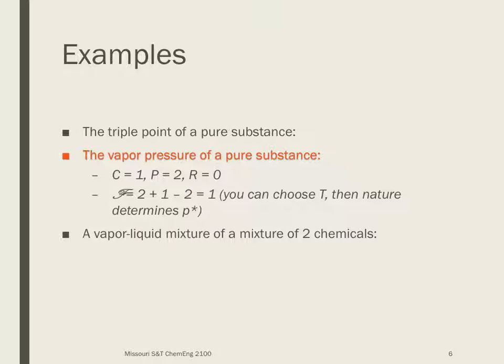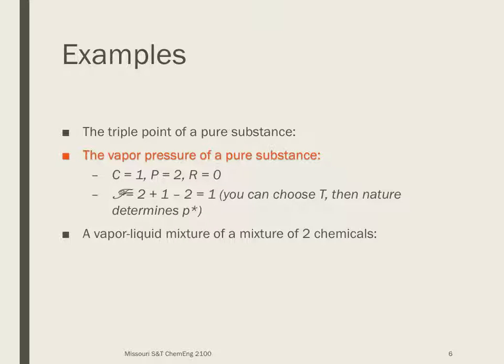This means that if I choose the temperature, nature is going to determine the vapor pressure. They are dependent on each other. I can only choose one. I can't choose both the vapor pressure and the temperature. And similarly, all those other intensive properties, such as the specific volumes and densities, those are all determined by nature.